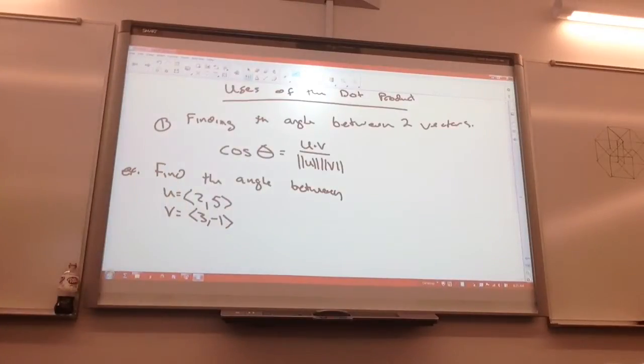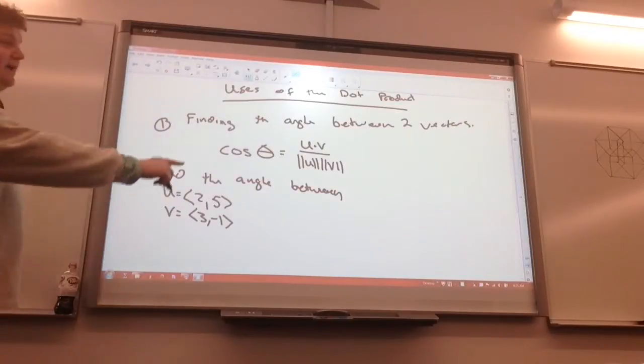Those are my two vectors. So what I need to do is the dot product of the vectors divided by the product of their magnitudes. First thing I need to do is figure out what u dot v is.